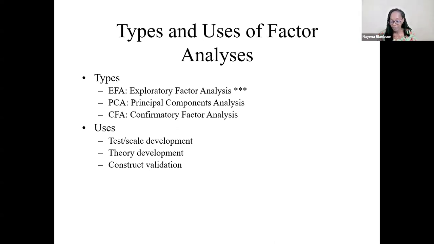But ideally, replication is important, right? Once you've done exploratory factor analyses, replication is important to confirm the structure of the data. So exploratory factor analysis can be a starting point for researchers.